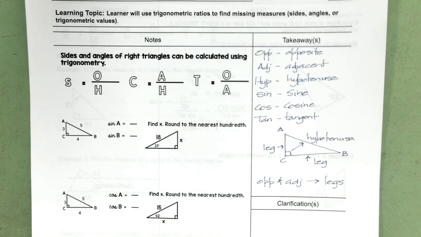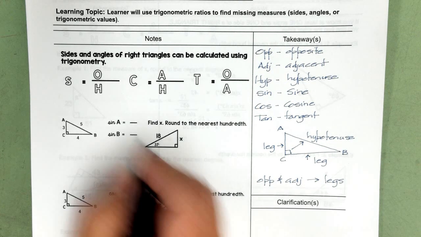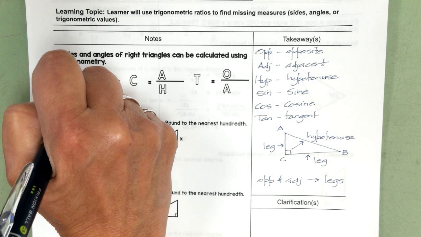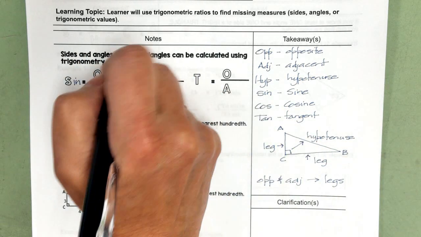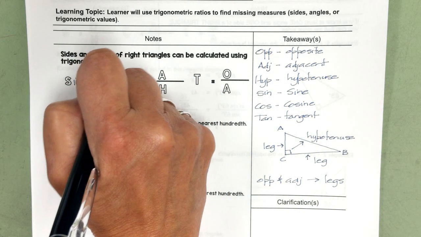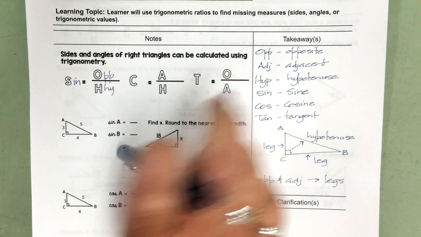So our first ratio is going to be sine, and it is the ratio of the opposite side over the hypotenuse.